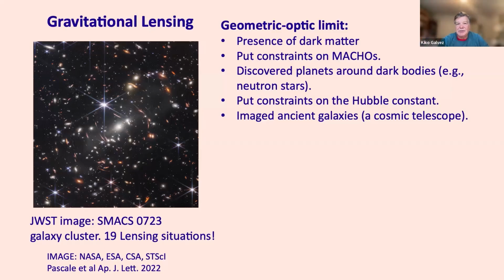Using gravitational lensing, it was shown that that was not the case. And then one has seen also the discovery of planets around dark bodies, and it has even been used to narrow the value of the Hubble constant, because light is traveling through space-time, and that can be used to our advantage.